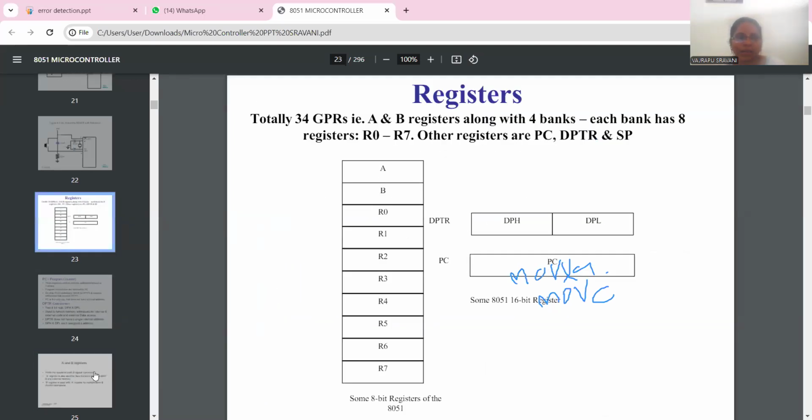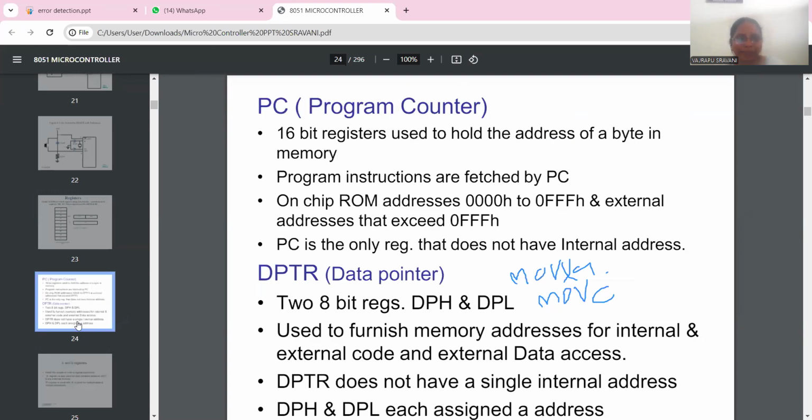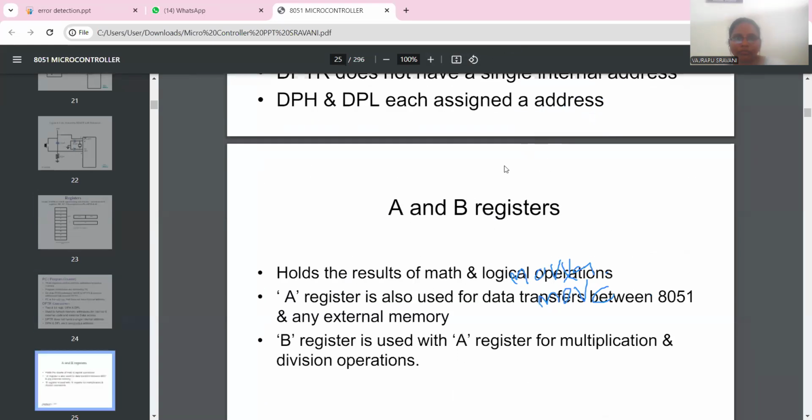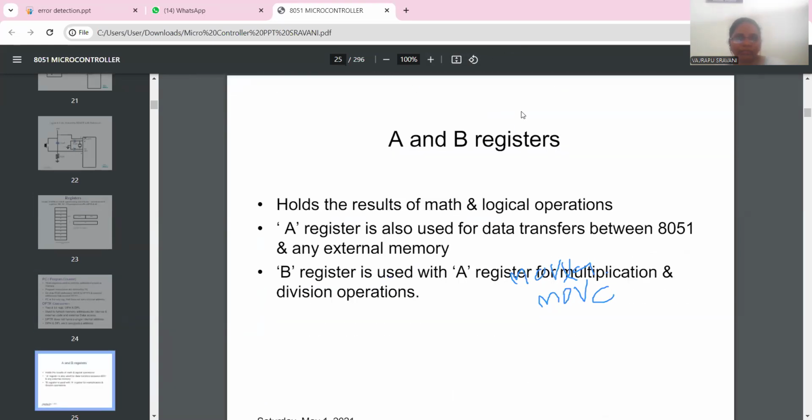Next one is the A register, the accumulator register. The accumulator holds the data whenever we are performing arithmetic and logical operations. Most of the operations are performed using the accumulator, and the results are also stored in the accumulator itself.